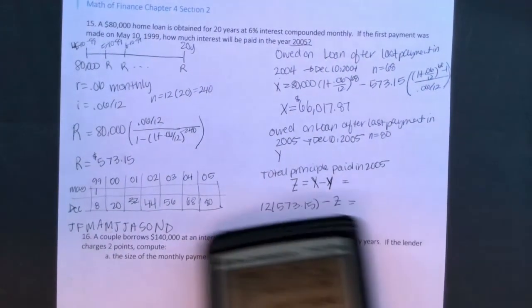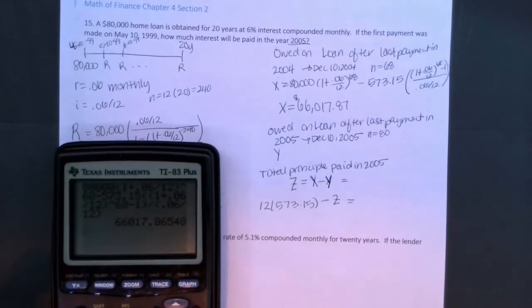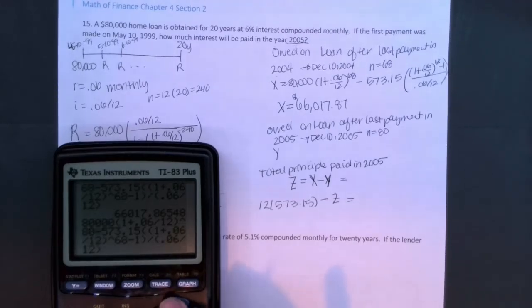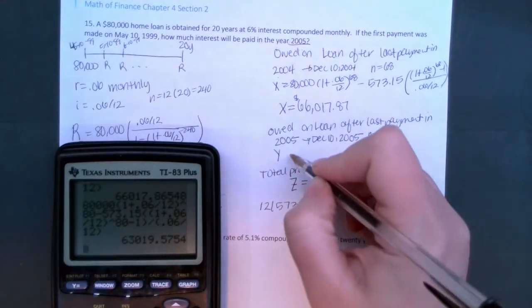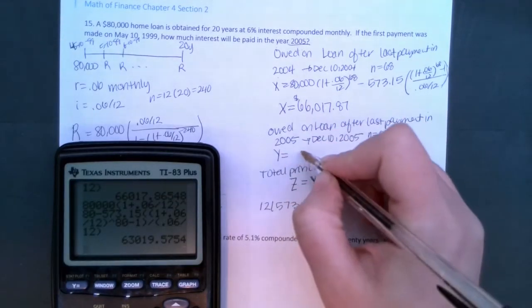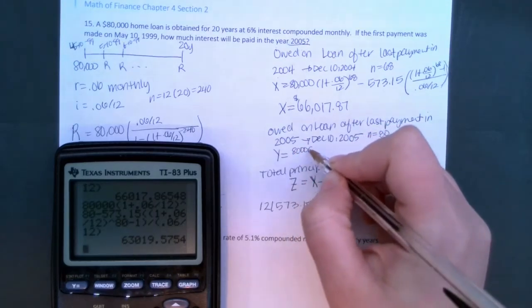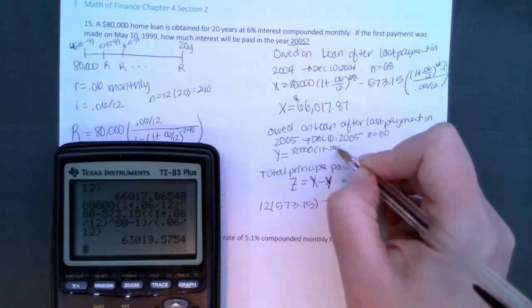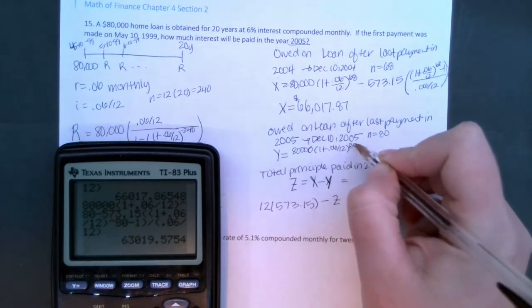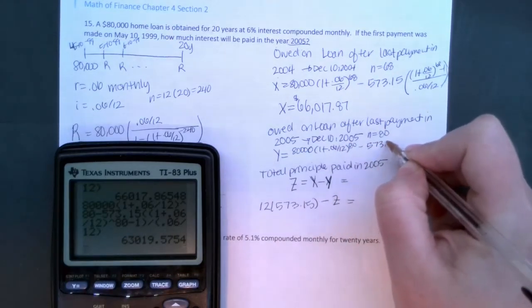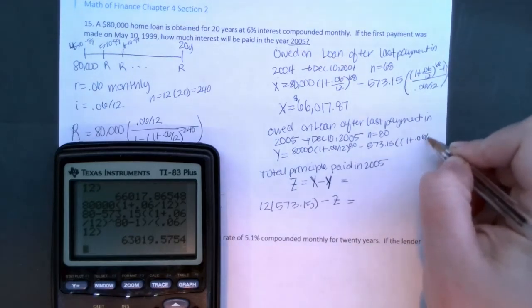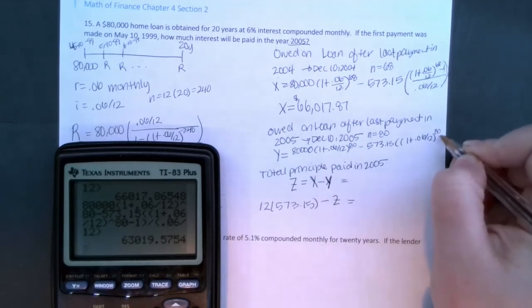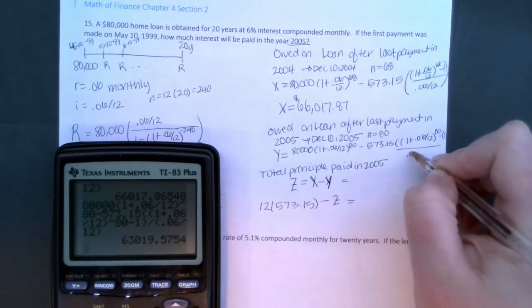And then we do the same thing. It's going to be the same formula, so you can just do second entry and then just change your exponent. So make sure you change the one on 80 and the one in your S sub n problem to get our Y. So that would be 80,000 times 1 plus 0.06 over 12 to the 80 minus 573.15 times 1 plus 0.06 over 12 to the 80 minus 1 all over 0.06 over 12.